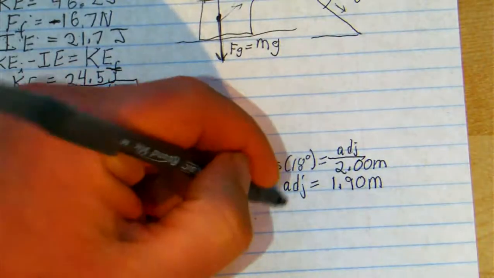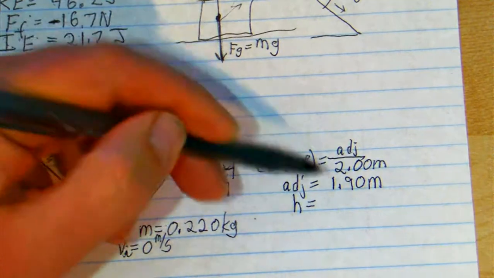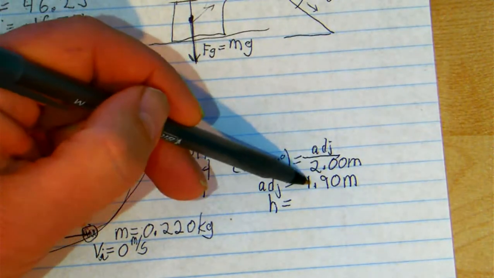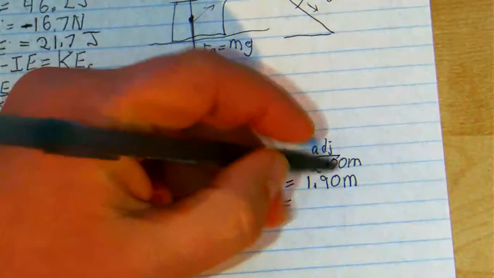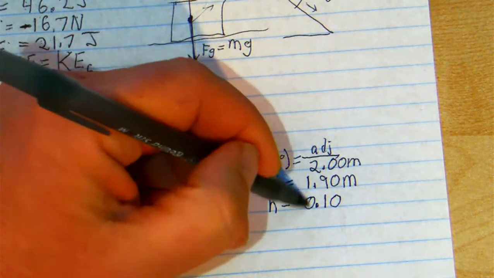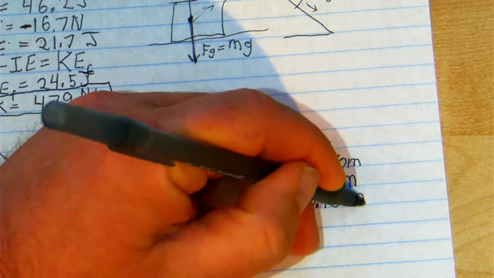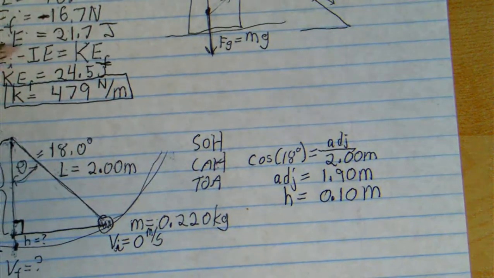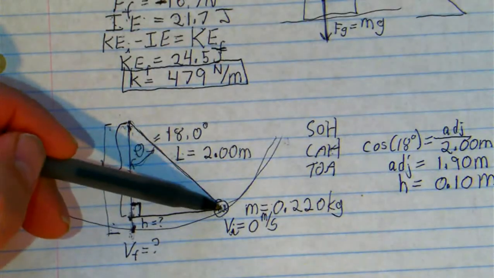So I'm going to just do that subtraction. 2 meters minus 1.90 meters means it's 10 centimeters. It's 0.10 meters is the value of h, the height of the bob above the bottom of the swing.